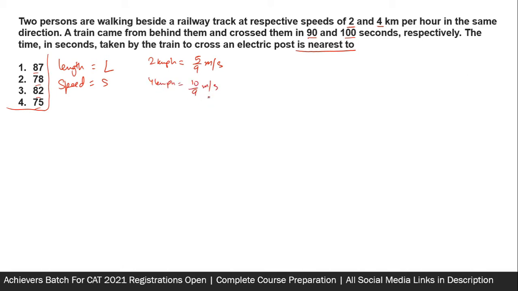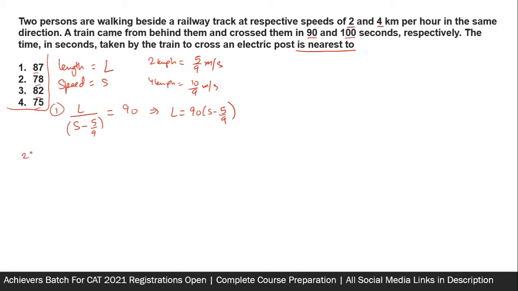It is important to do that because the time is given in seconds and the speed is given in kilometer per hour. So my first equation goes like: length of the train divided by the relative speed, which is S minus 2 kilometer per hour, or S minus 5 by 9, gives us 90 seconds. A better version of this would be L equal to 90 times (S minus 5 by 9).